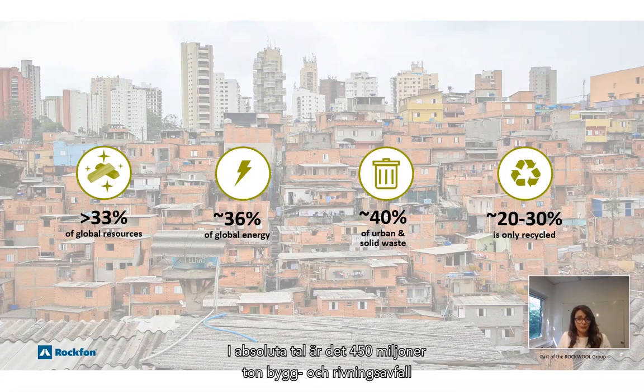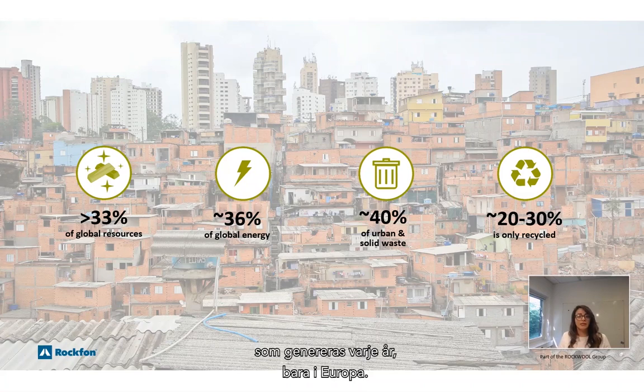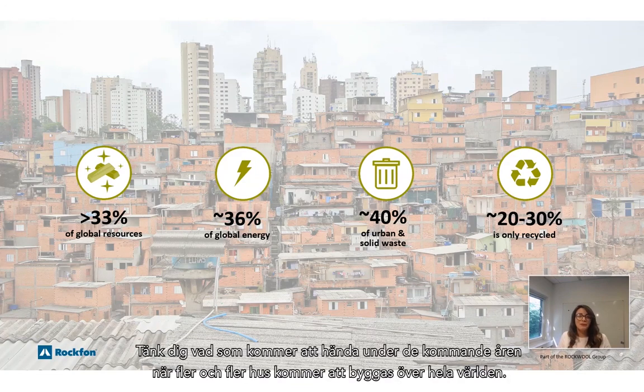In absolute numbers, this is 450 million tons of construction and demolition waste, which is generated every year in Europe only. Quite striking, right? Well, imagine what will happen in the coming years as more and more houses will be built worldwide.